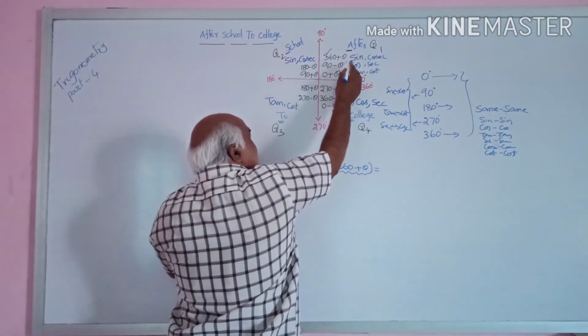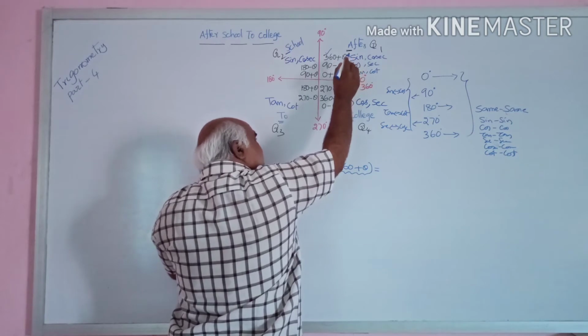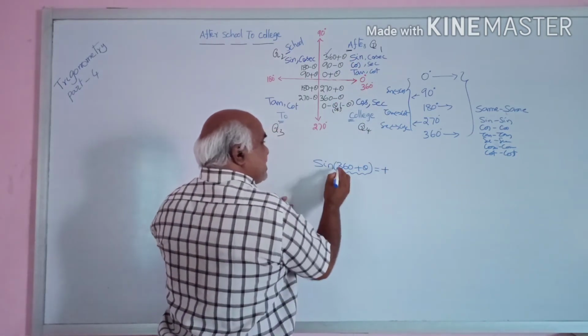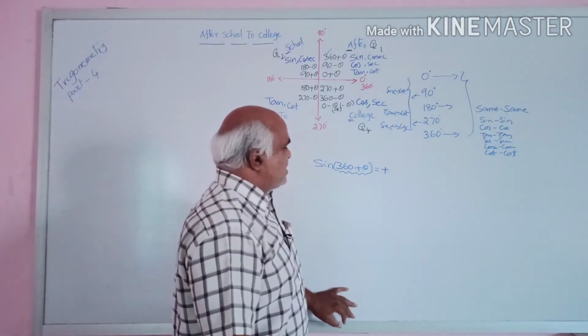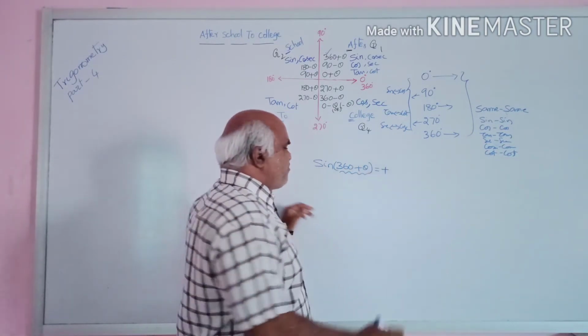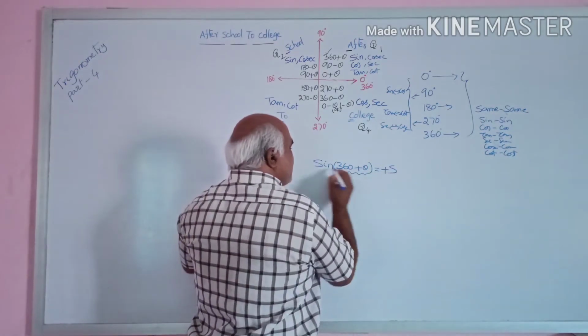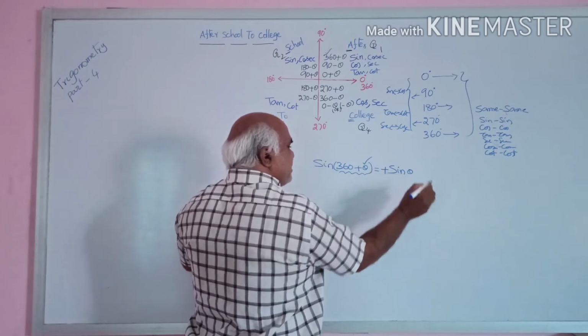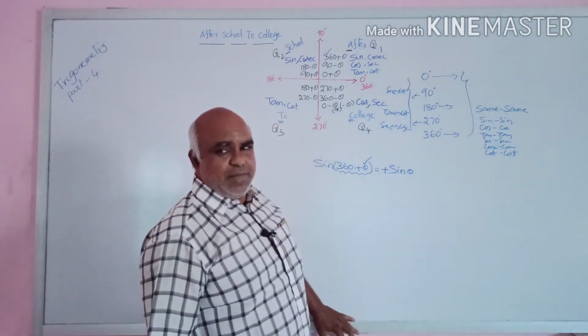In first quadrant, sine is present, so therefore it is plus. For 360, the angle is 360, same to same. Therefore, here you can write the same. Same means sine. What is here? Theta. That is the application of the formula.